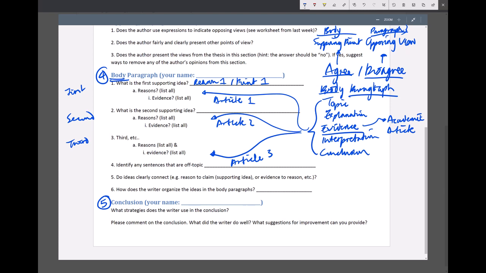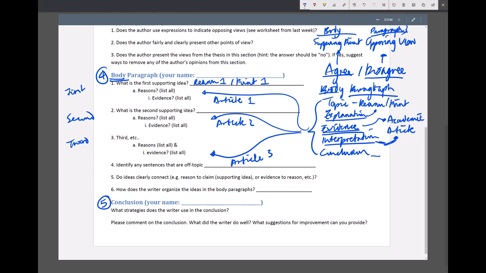And then you would focus your explanation on the reason or point in the paragraph, and your interpretation would focus on explaining the evidence. So you would explain the reason, why this is important, why this supports your thesis, what it means, and then you show the evidence and then explain what the evidence means.